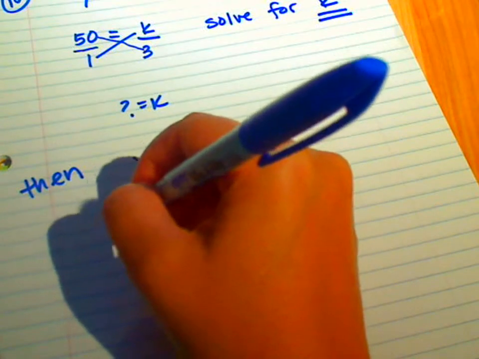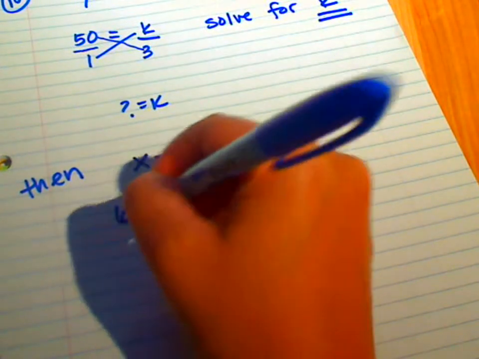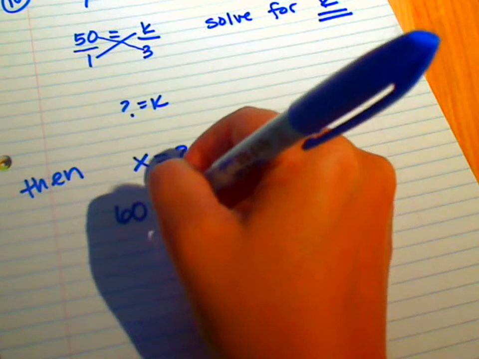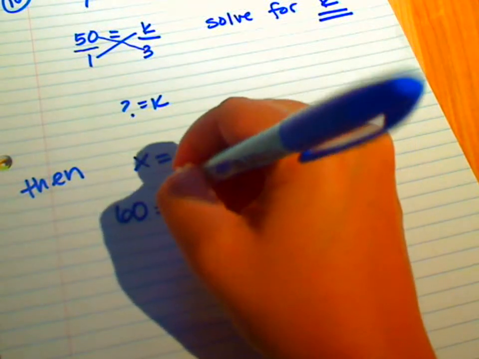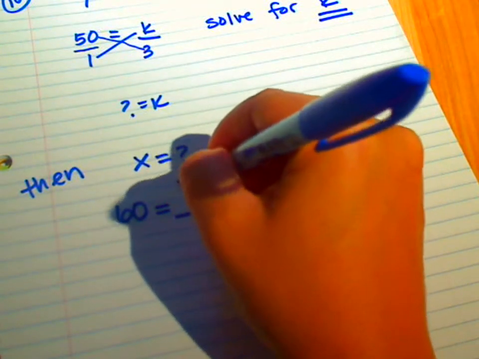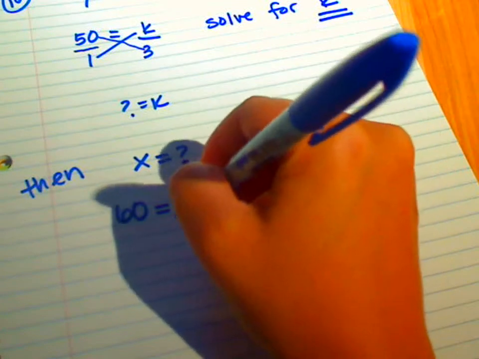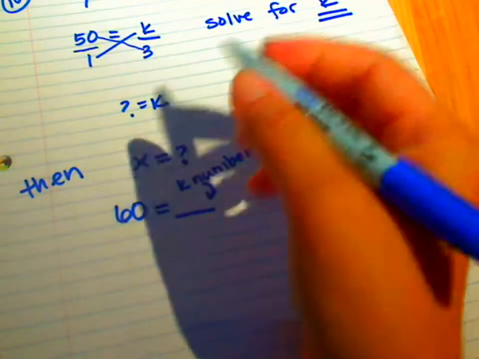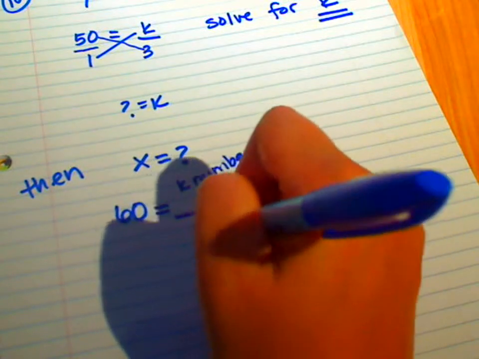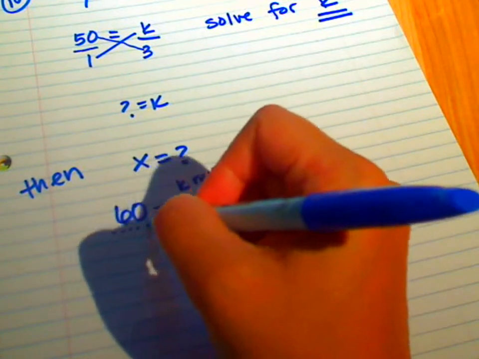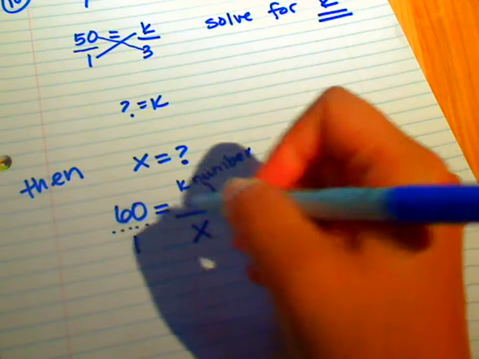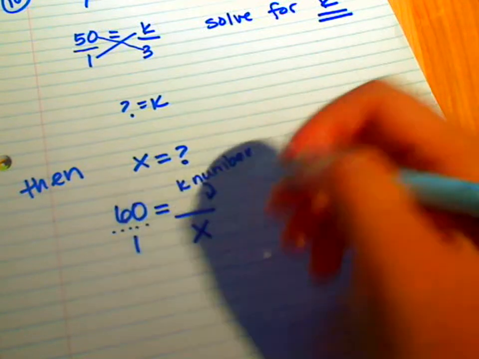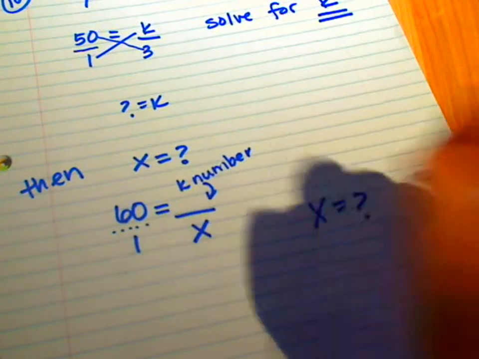It says 60 miles, so 60 for y. Fill in your number for k. So anytime in number 10 you found that k here, that gets plugged in here. Then leave x as x, and cross multiply. Make sure you have a number here, cross multiply, and solve for x at the end.